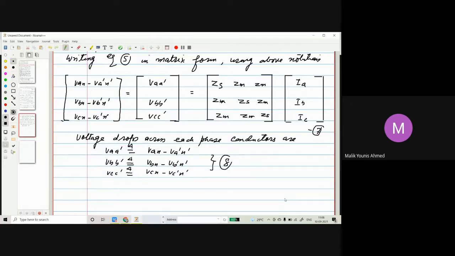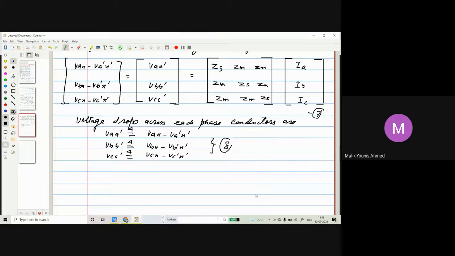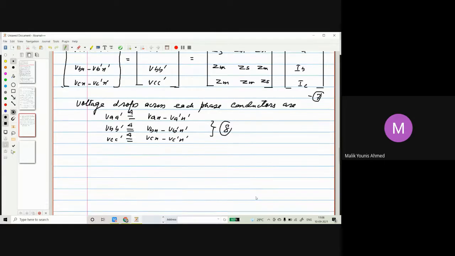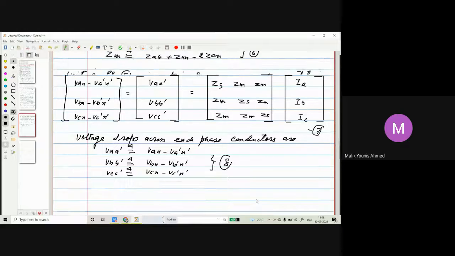And ZS and ZM can be regarded as the parameters of the phase conductors alone. They are not having any mutual or self inductance. So there is no mutual and self impedances, we can say, inductances associated with the return conductor.